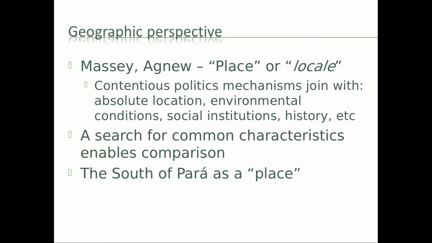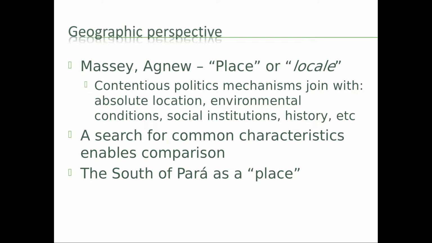You also can combine this with the idea of place, and this idea is a geographic one, essentially that each place has its unique characteristics, but we can find common characteristics between places that enable comparison.